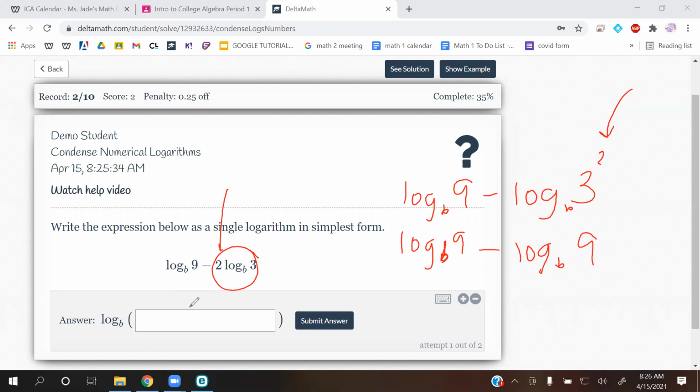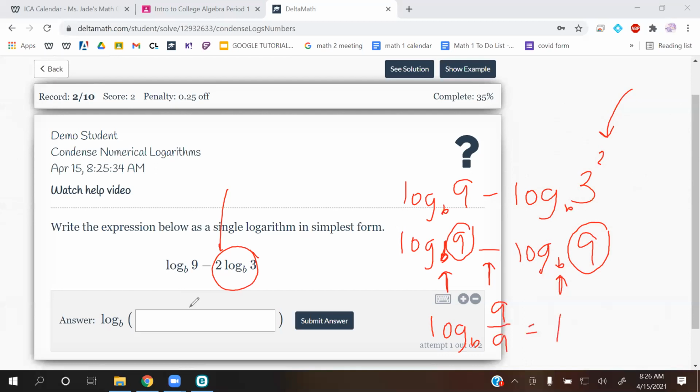Okay, and you might notice that this is just equal to 0, but we don't want to condense it that way. We want to figure out what it is a log of. So let's complete it. Since they both have the same base, and they're being subtracted, what you're going to do is divide the values. So we're going to have the top one, the 9, divided by the bottom one, the 9. So log base b of 9 divided by 9.